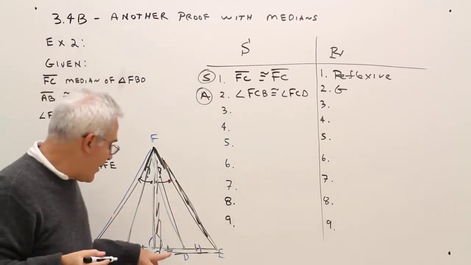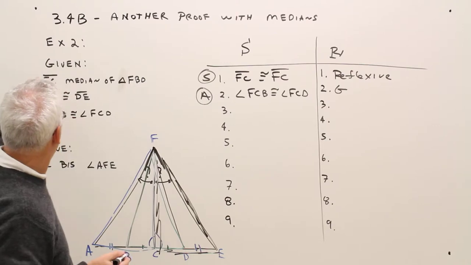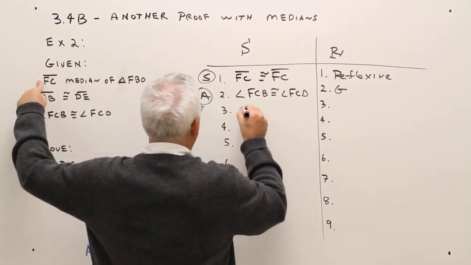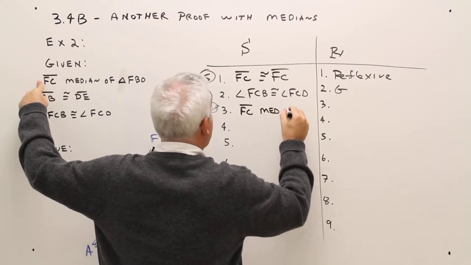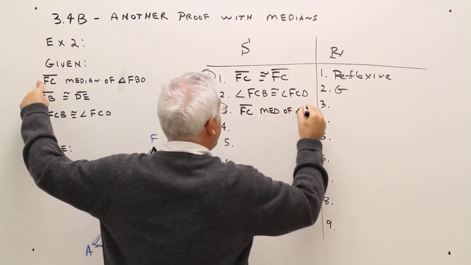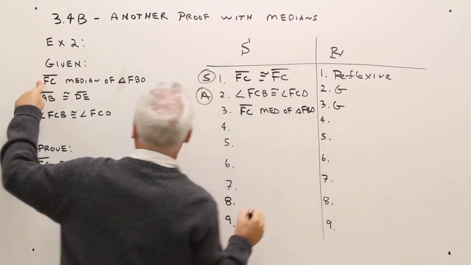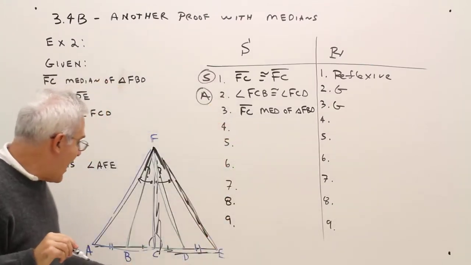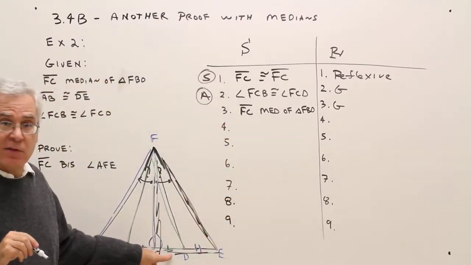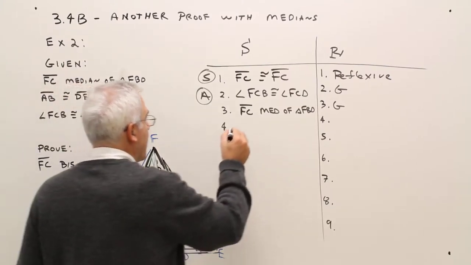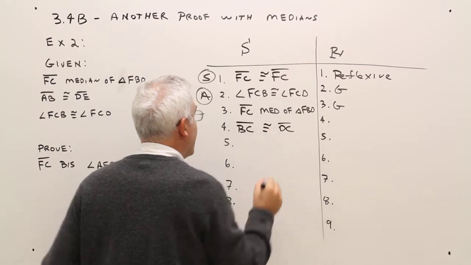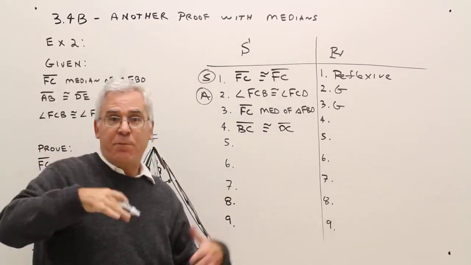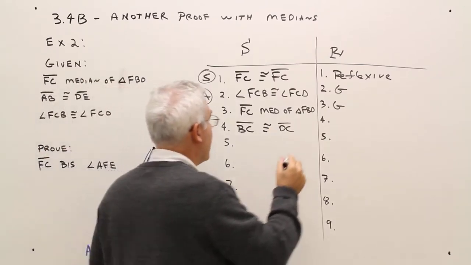Now I'm going to work on the sides. So I'll use that definition of the median. So I'll use this. FC is a median of triangle FBD. That was given. From that, I'll get BC congruent to DC. So if median, then I get that stuff to happen.